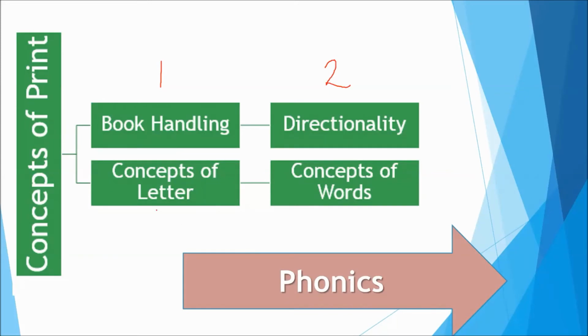Then we go from directionality to learning the concepts of letters, learning what the A, B, C, D, E, F, Gs look like, uppercase, lowercase, and the beginning of writing for the formation of letters. And once we know how to form letters, groups of letters make words. Now that a child knows the sound of phonemes and understands what letters look like, they're 100% ready for phonics.